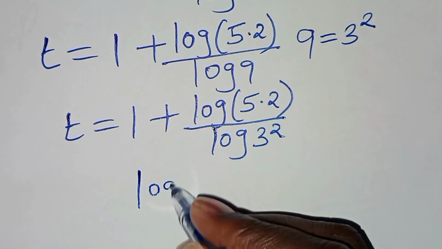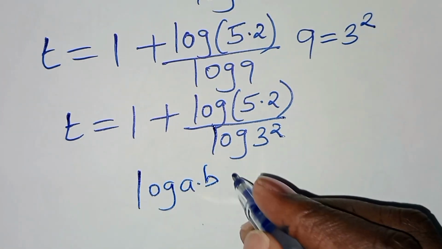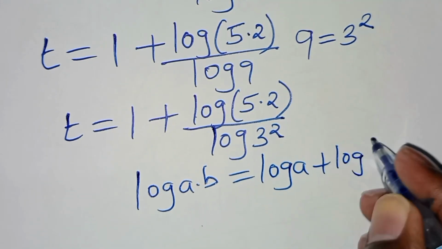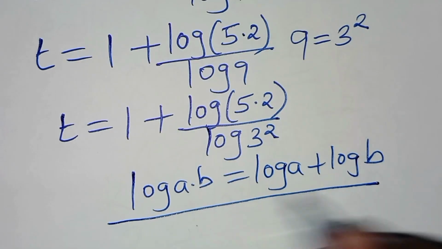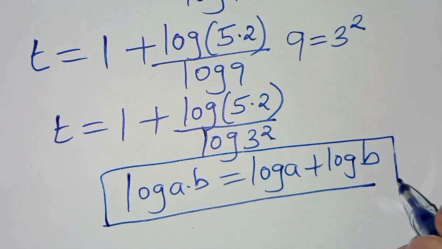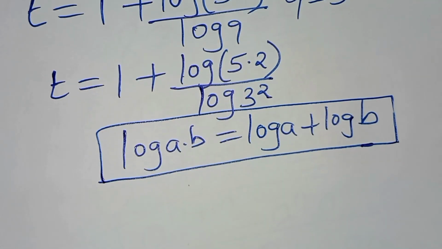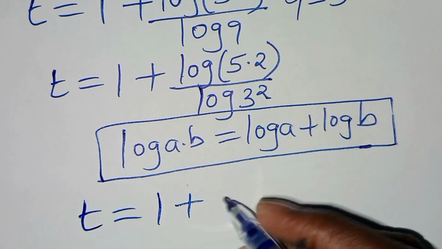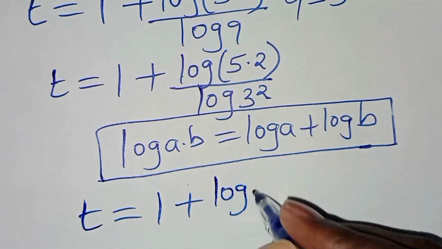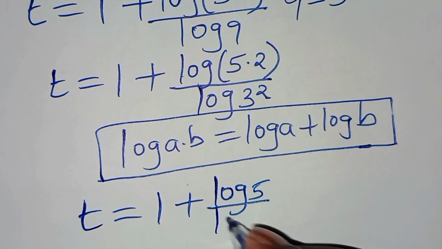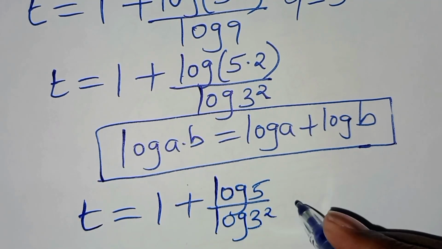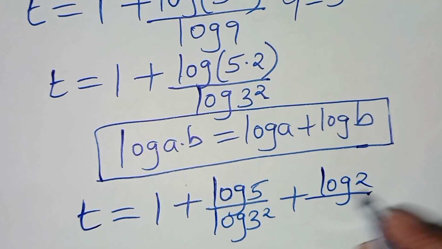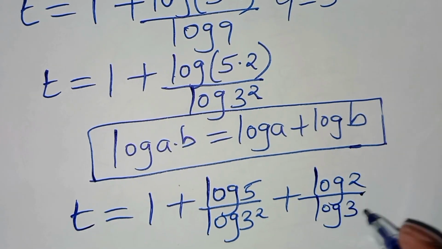This is in the form of log a multiplied by b, which you can express as log a plus log b. Now let's apply this logarithm property, so that now we'll have t equals 1 plus log 5 divided by log 3 squared plus log 2 divided by log 3 to power 2.